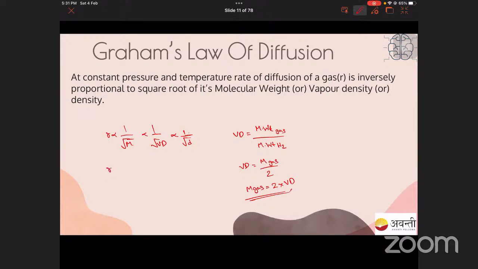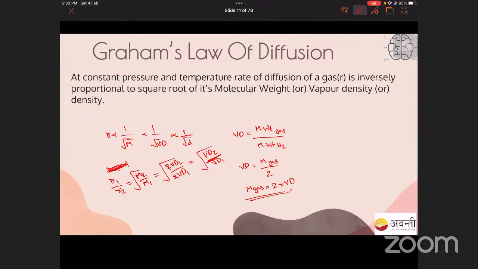R1 by R2 is equal to under root M2 by M1, right? Now substitute the vapor density values, that is 2 VD2 by 2 VD1. Both 2's will be cancelled, and what relation will you get at last? Under root VD2 by VD1. That is inversely proportional to root of vapor density.